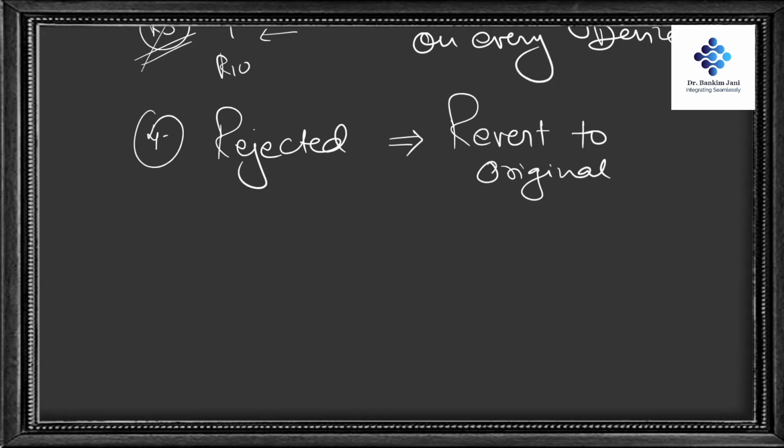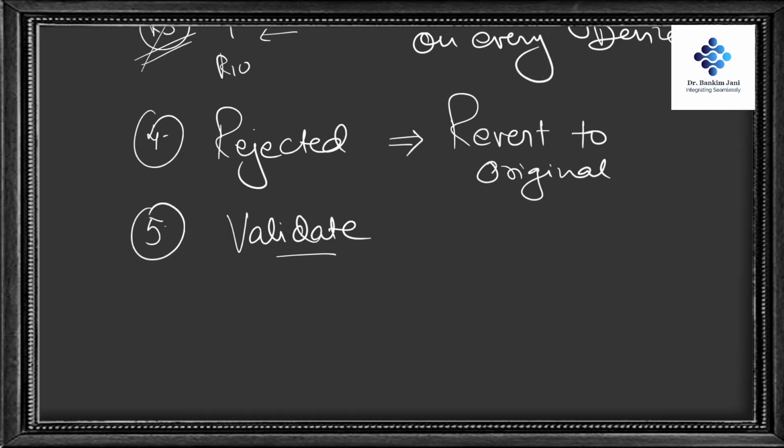Next, something which we have ignored. Let's say in Windows we configure those networks. We give the IP address, subnet mask, default gateway, and then there is something like validate the change, validate the network. There is an option of validate.